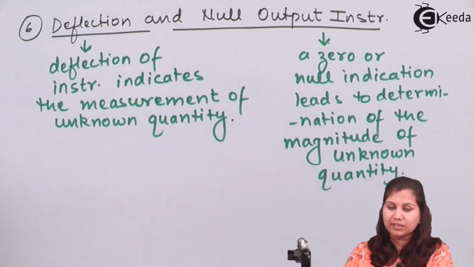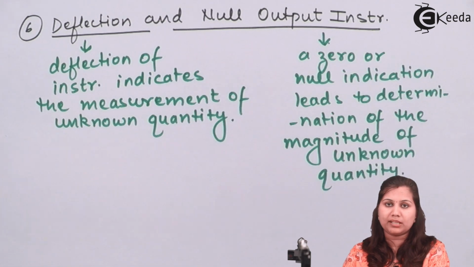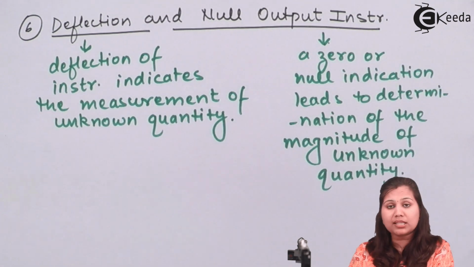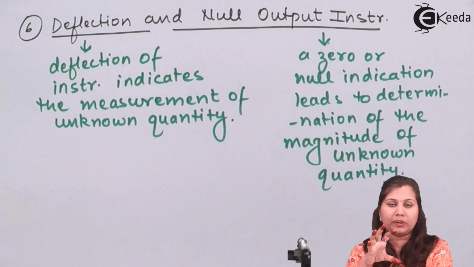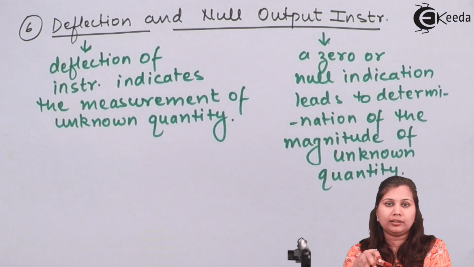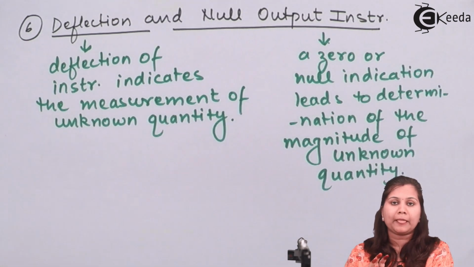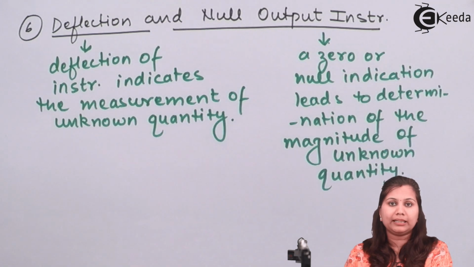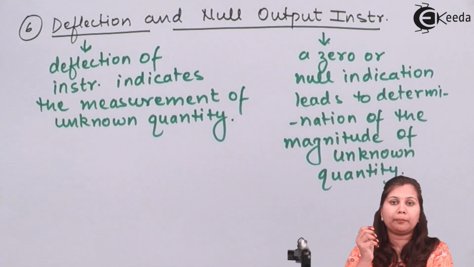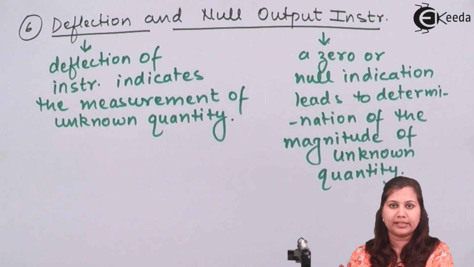The deflection instrument example is the PMMC instrument, that is, the permanent magnet moving coil instrument. In these instruments, a coil is present in between a magnet, electricity is provided, and due to that, a magnetic field is generated, and the coil in between the magnet is magnetized. Due to the movement of the coil, the pointer which is connected to the coil is deflected over the calibrated scale.